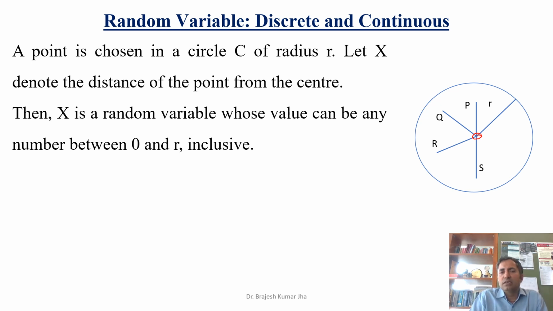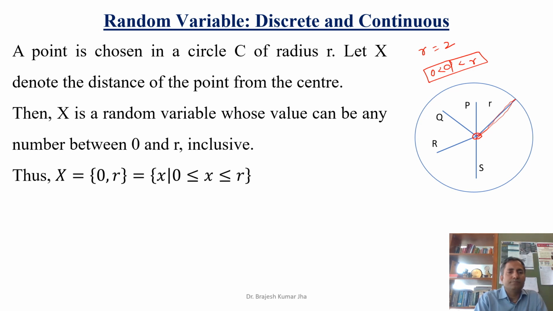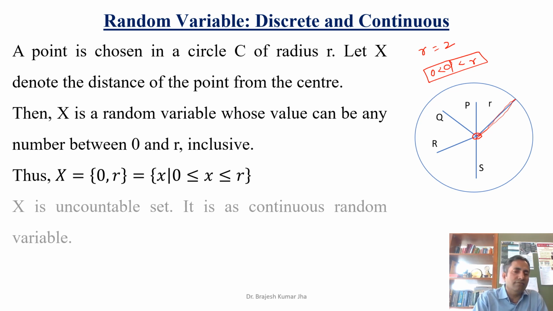In that case, the values are between 0 and r. Suppose r equals 2, then the distance can be any real number between 0 and 2. So it is a very good example of a continuous random variable. So x lies between 0 and r.